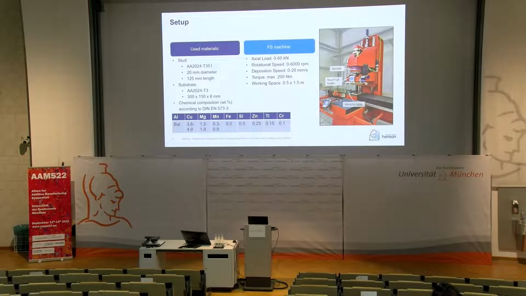We can move the table with speeds up to 20 millimeters per second. And overall we have a maximum torque of about 200 Newton meters, which can be achieved during the processes. The working table has the dimensions 0.5 by 1.5 meters.